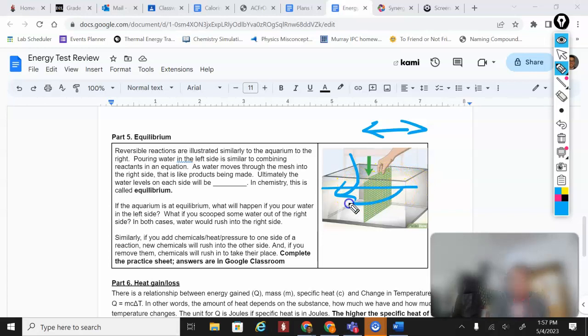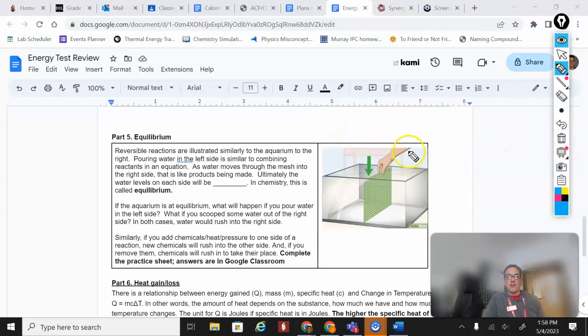We would expect some of the water from the right-hand side to flow in and take up the space on the other side. So if we remove some things from the left-hand side, we would expect some things to shift back into the left-hand side. Just as when we added it, it pushed to the right-hand side; if we remove it, it's going to cause some stuff to go back into the left-hand side.